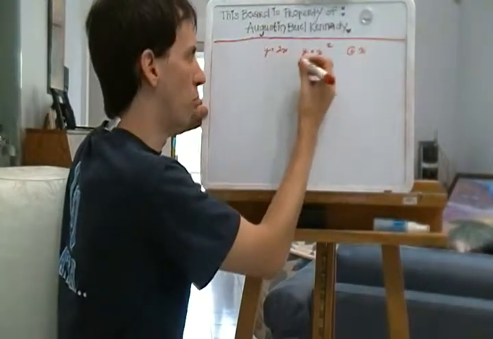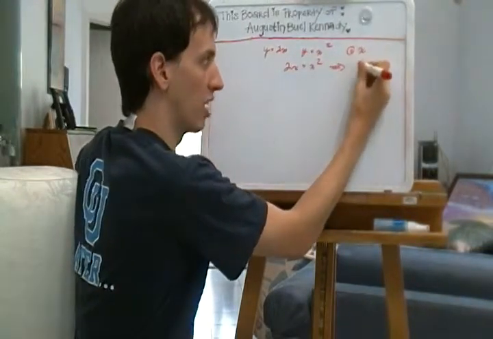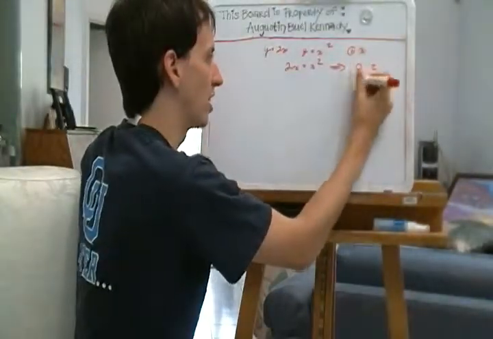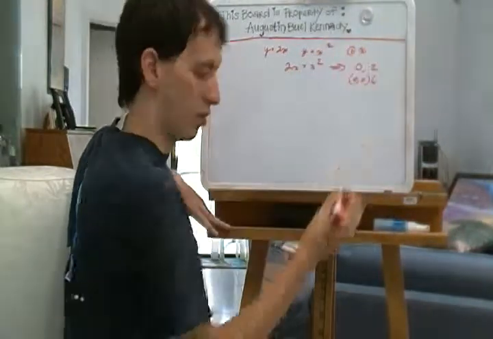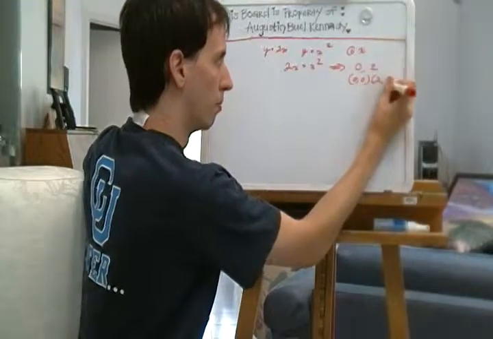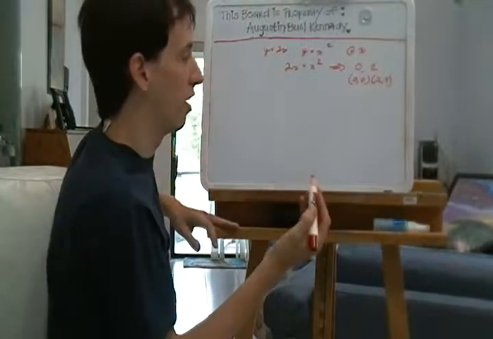Once again, you can find the points of intersection. 2x equals x squared, and you're once again going to get 0 and 2. If you want to find the actual points, it's going to be (0, 0) and (2, 4). Just plug the 2 and the 0 into the original function and you'll get your y value.